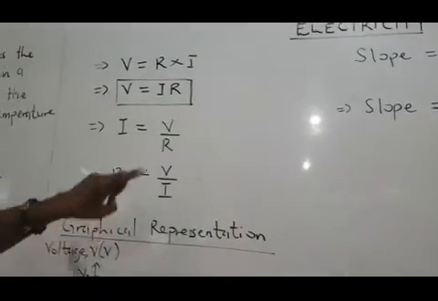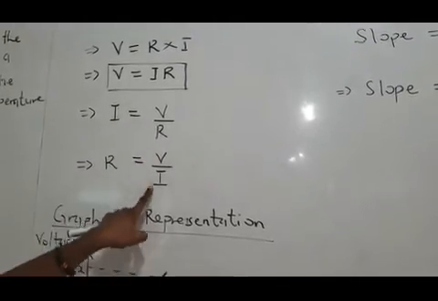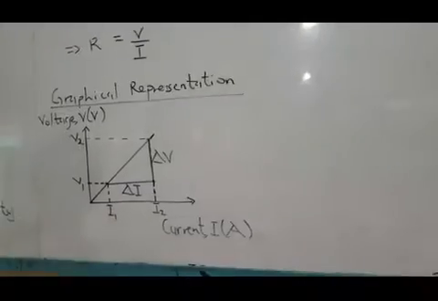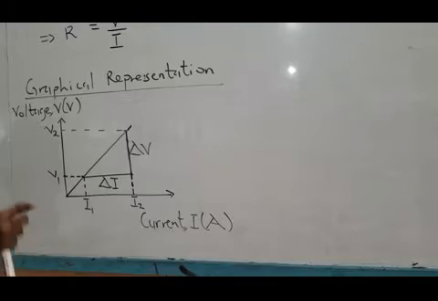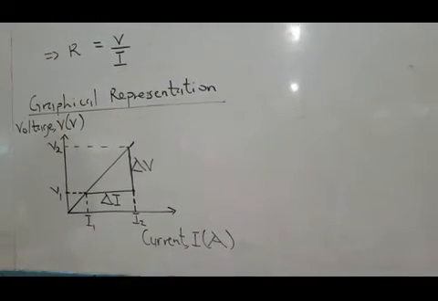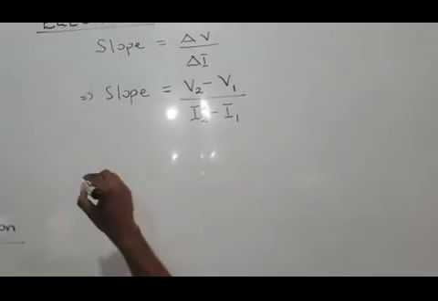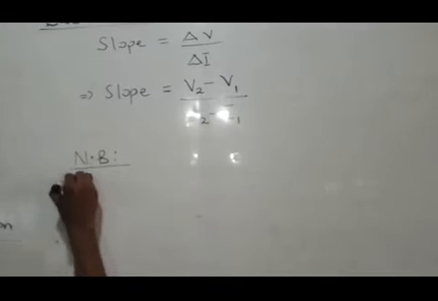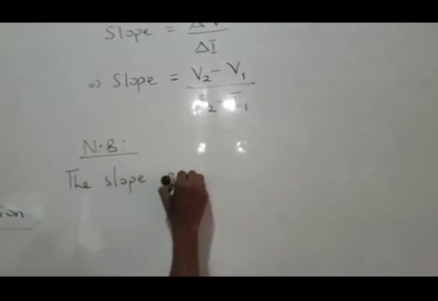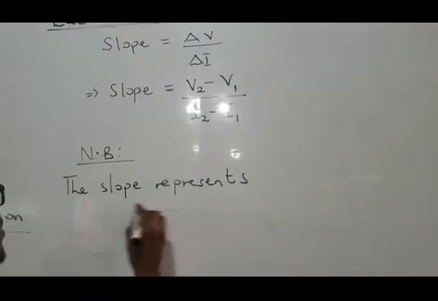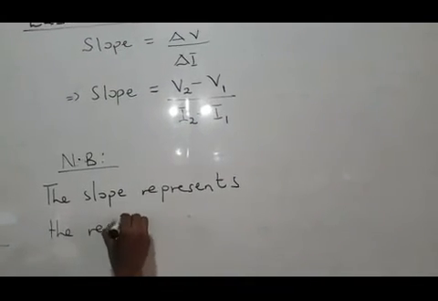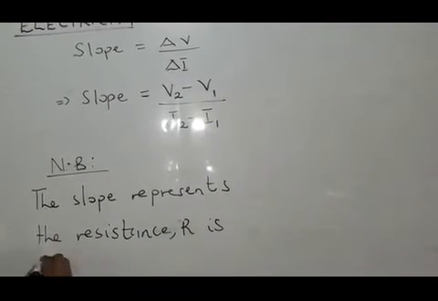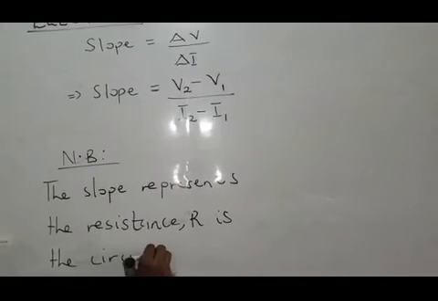You said that when you make R the subject, your R is equal to V over I, so change in V over change in I. So if you ask from this graph, what is the significance of the slope, or what does the slope represent, you say that the slope represents the resistance R in the circuit.